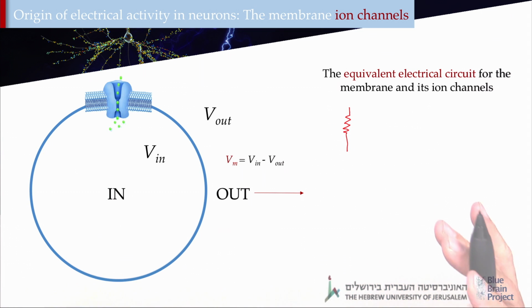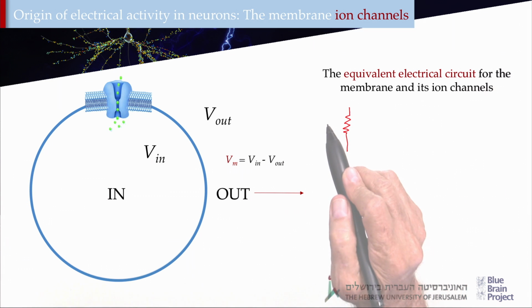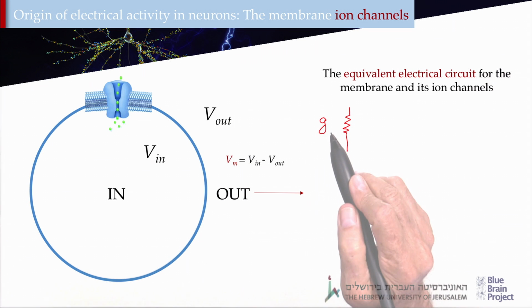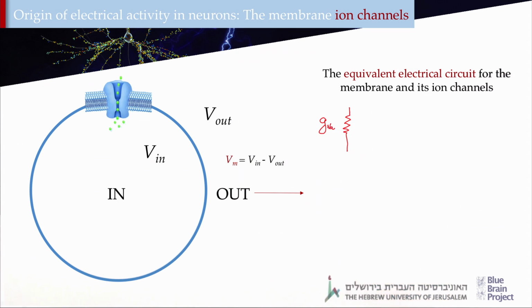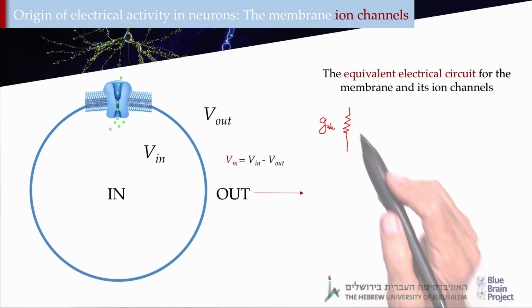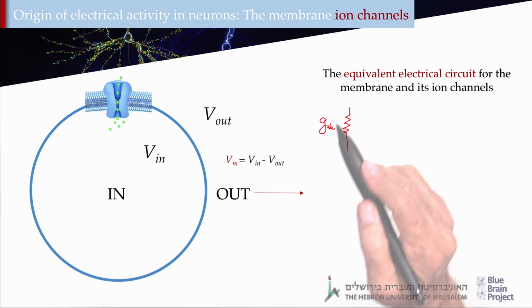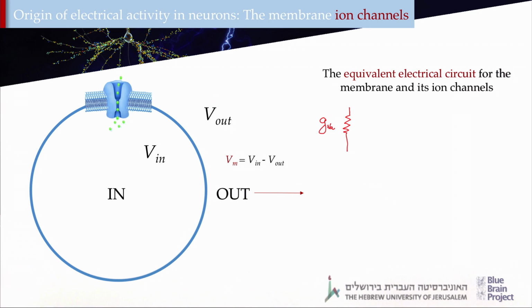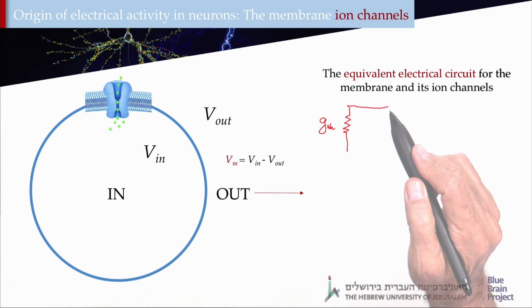So this is now a resistor or a conductance. You know that conductance and resistance are the inverse of one another. So this is, let's say, the conductance of the sodium channels, which is the total conductance of all the sodium channels in this piece of membrane. This is the total conductance of all the sodium channels that will enable, if open, sodium to flow through.